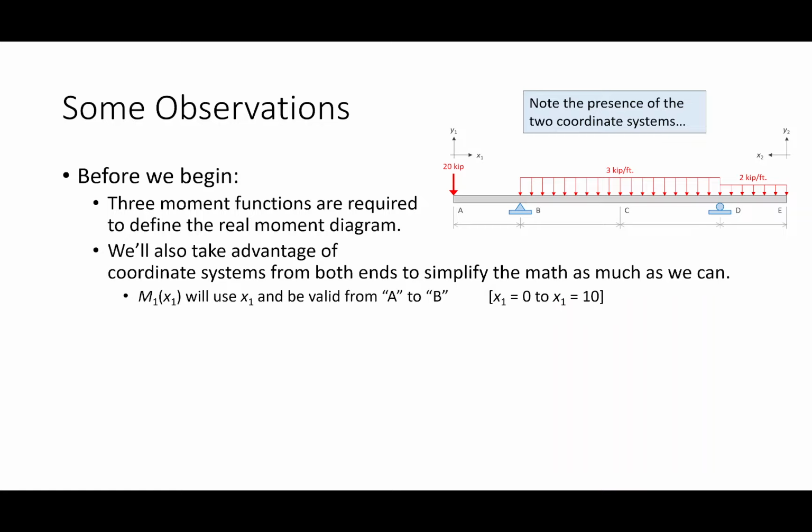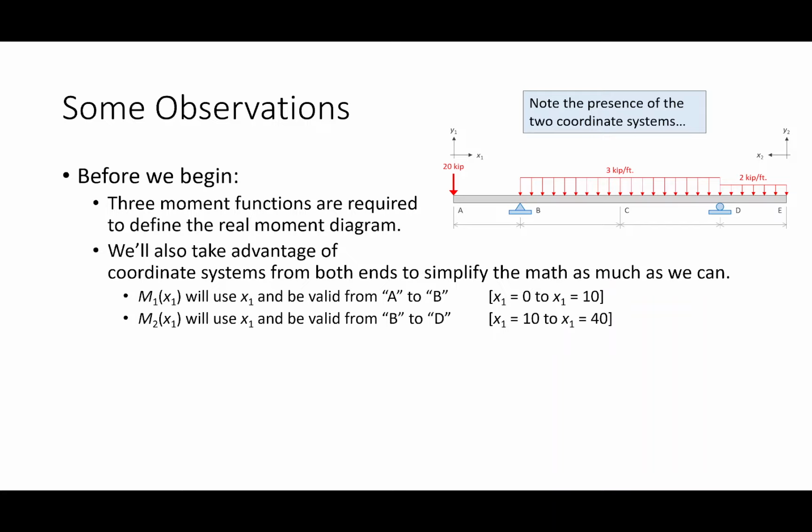Let's see if we can game out what our coordinate systems are going to look like. And this is the plan I'm going to use for this problem. Okay? So my first moment function, which is going to be this piece of the moment diagram, I'm going to use this coordinate system from x equals 0 to x equals 10. The second coordinate system, this one right here, to be honest, it's probably a coin flip as to which coordinate system would be easier to deal with.